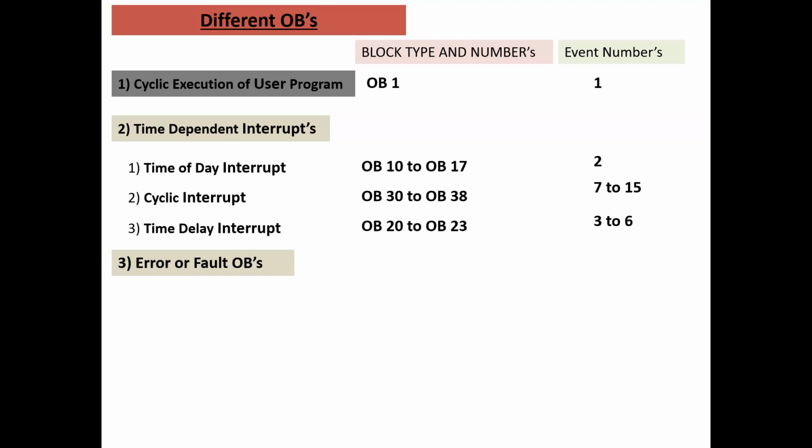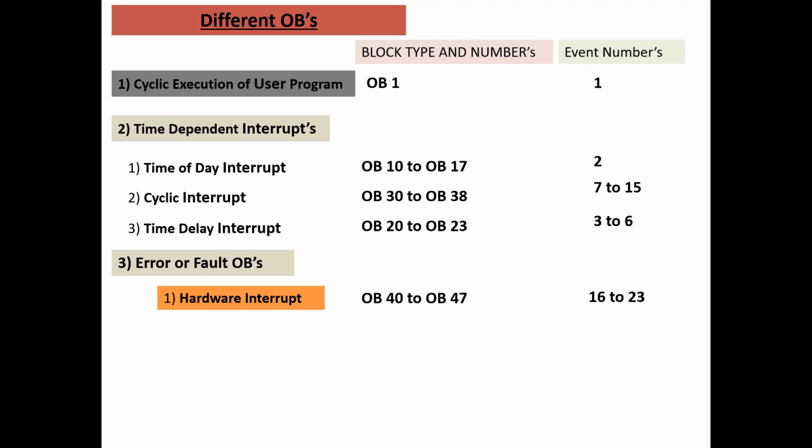Then other OBs are known as error or fault OBs. These are hardware interrupts, and they range between 40 to 47. In analog, generally it is used. You can set the range, like if I want only 0 to 10 volts. The signal will not be exactly 10 volts, it may exceed 10 volts because there will be some fluctuation.